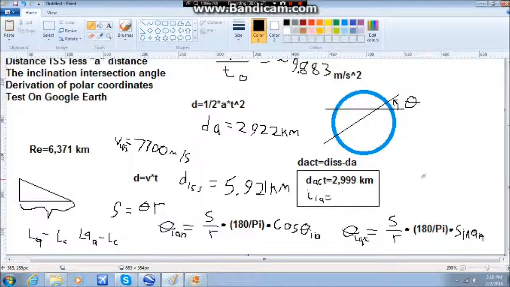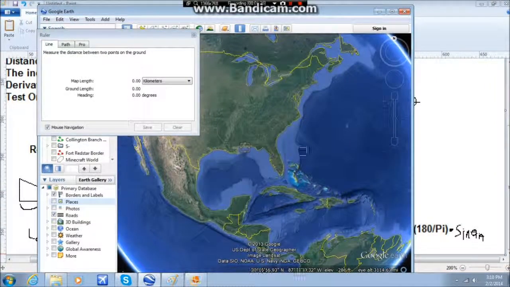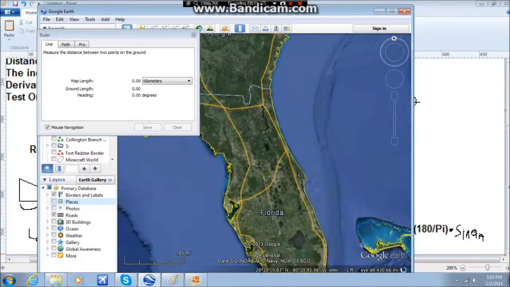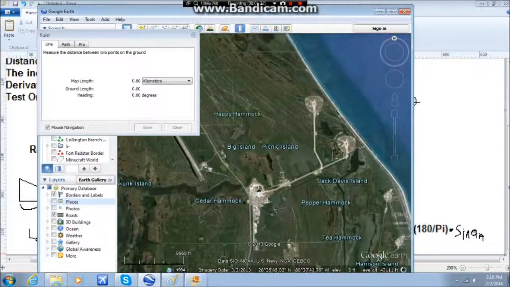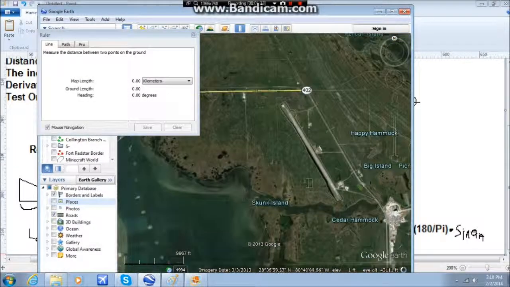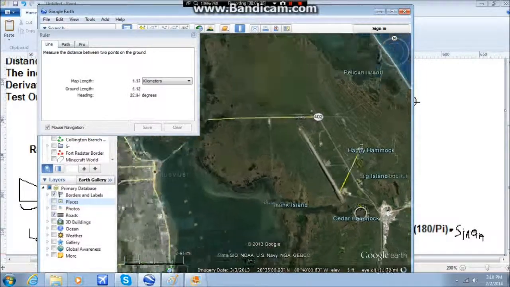So I do a calculation and I find out that D actual is 2,999 kilometers. So let's go ahead and find the Kennedy Space Center. That's our runway.